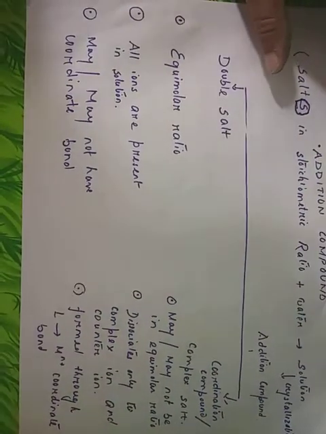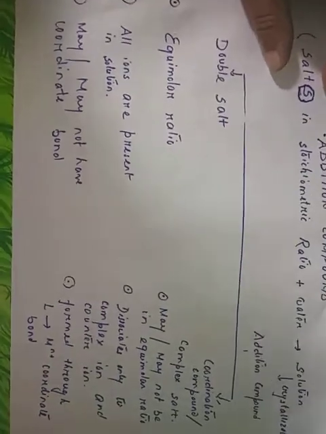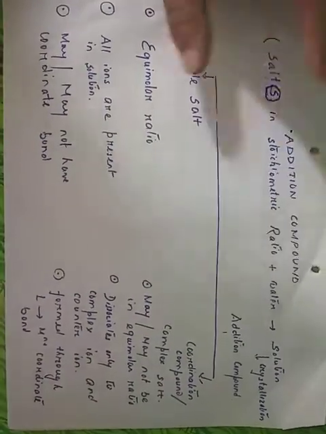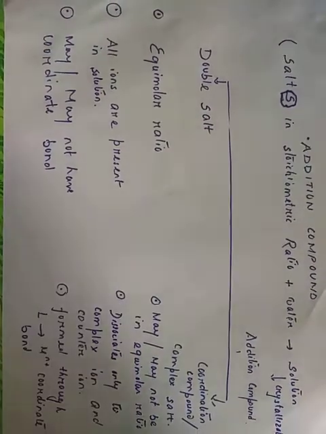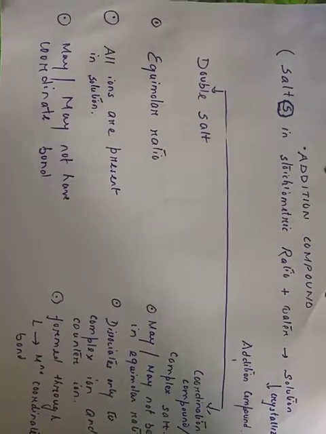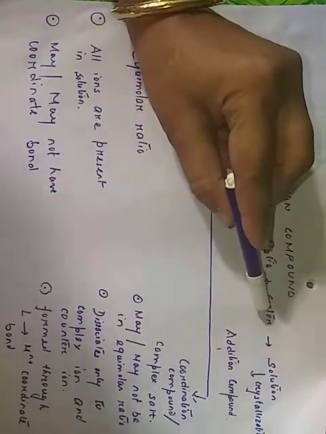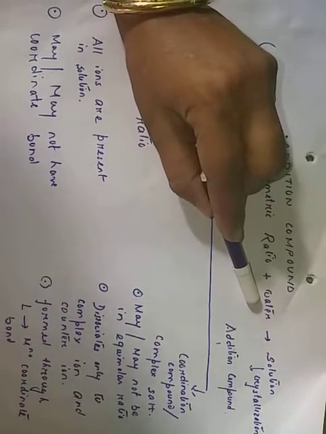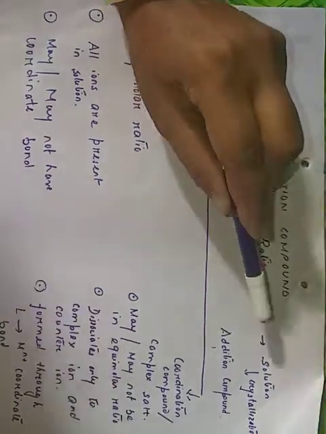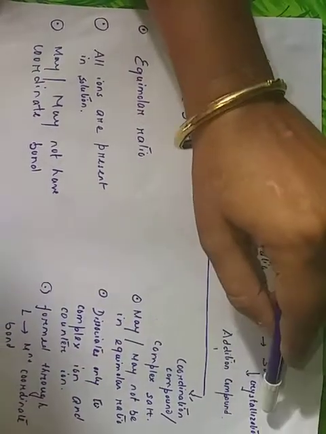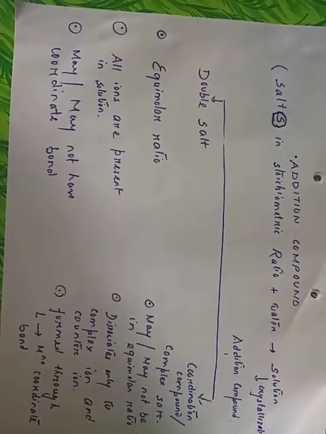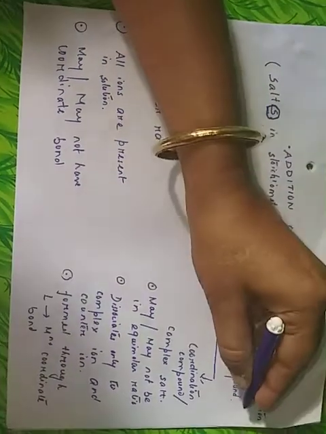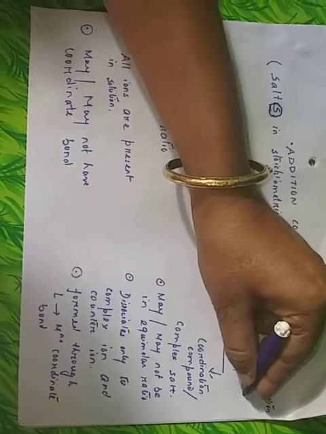When we take two or more substances in stoichiometric ratio, meaning a simple whole number ratio, then take the common medium water, the solution is formed and we carry out crystallization. Whatever compound is formed is called an addition compound.